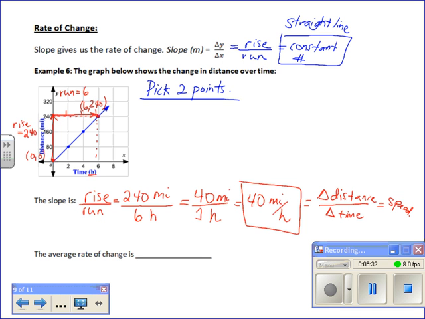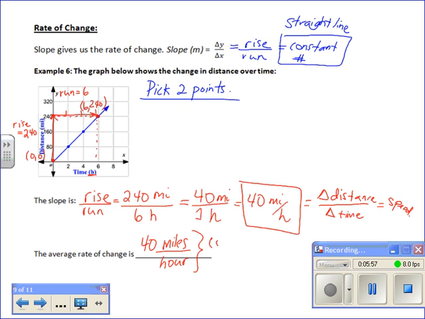Miles per hour is a way of measuring speed. It's telling me every hour I'm traveling 40 miles. I'm driving at a constant speed if I'm driving here. Obviously, I'm not walking 40 miles per hour. That's pretty fast. So the average rate of change here is 40 miles per hour.